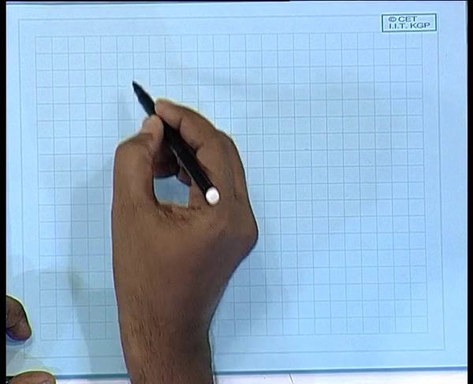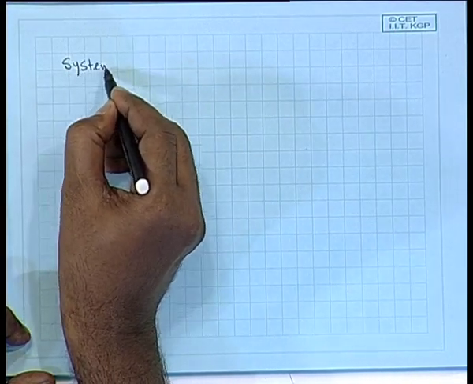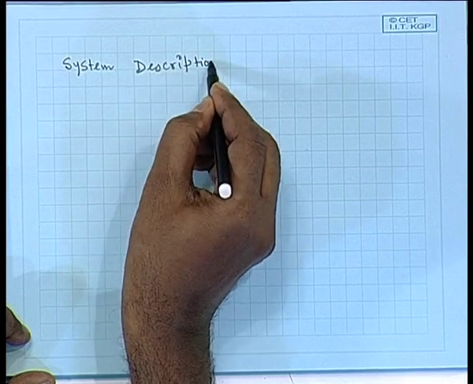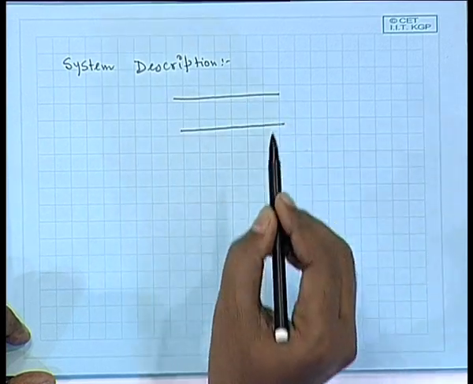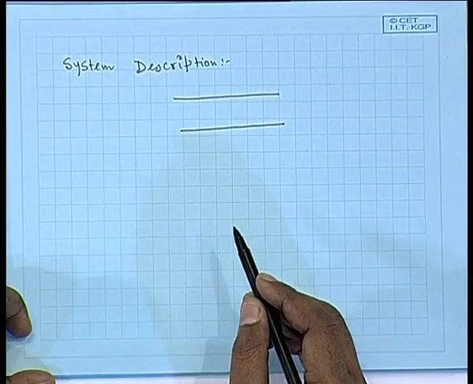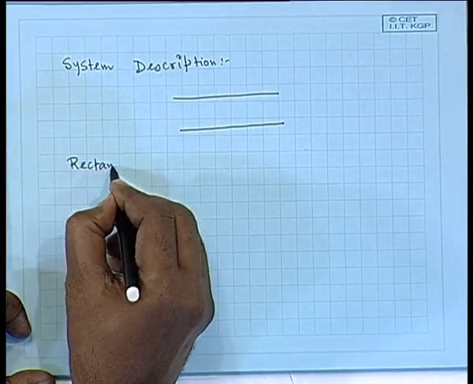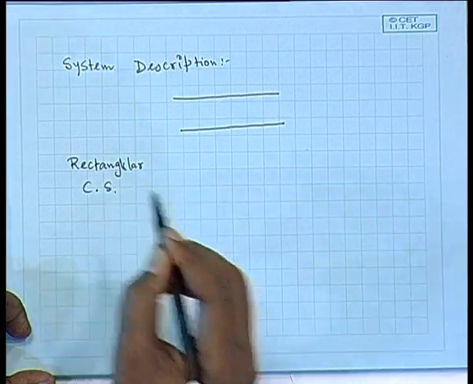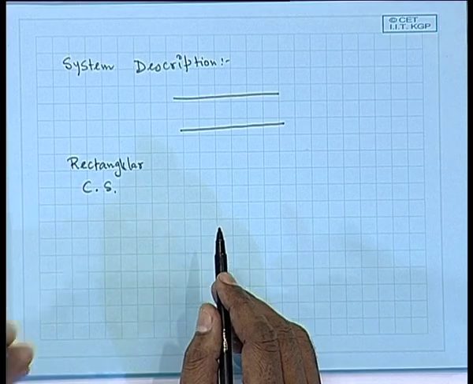So, the problem we are discussing, let us look into the system. You have a rectangular channel, a channel with a rectangular cross section, and it is a very thin channel, that means the height is very small.